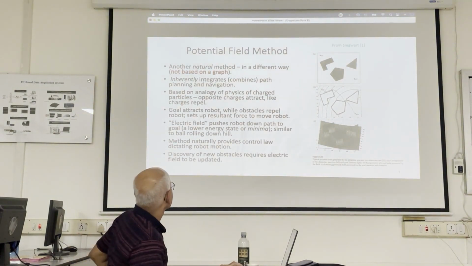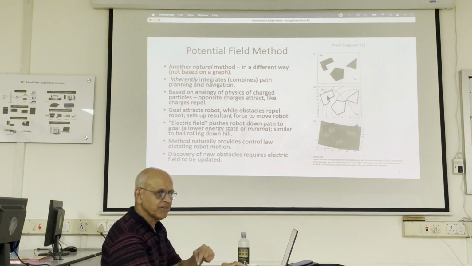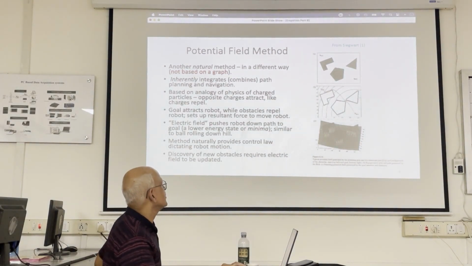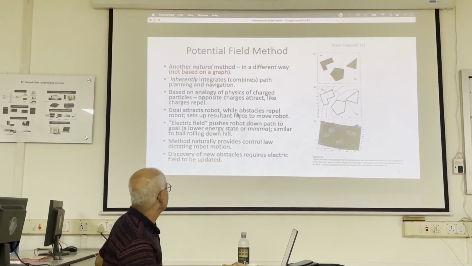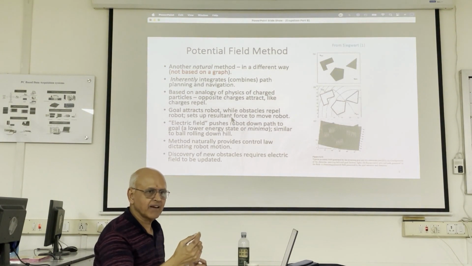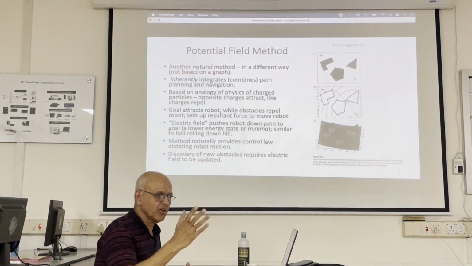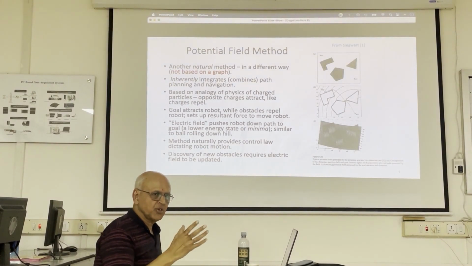So by doing that, the obstacles are what? Same charge as the robot, because you want to push away from the obstacles, and the goal is opposite charge, right? So you know that there is this electrical field force, Q1 Q2 by R squared, and then there's an epsilon or something, maybe. But you use something like that.